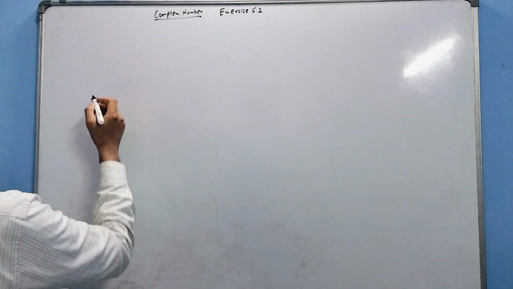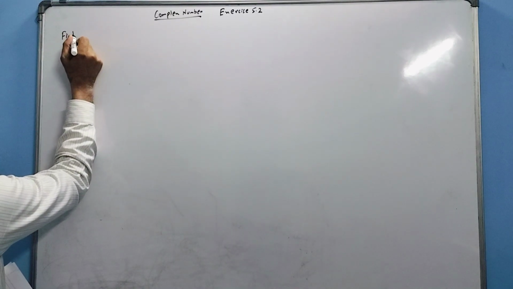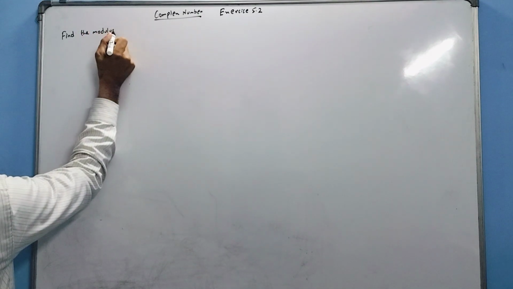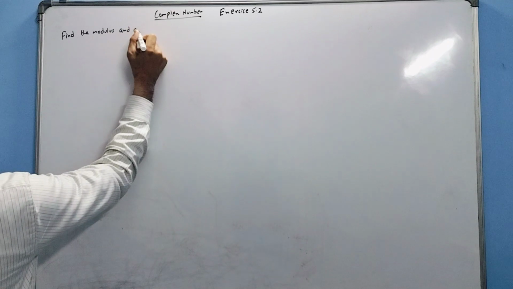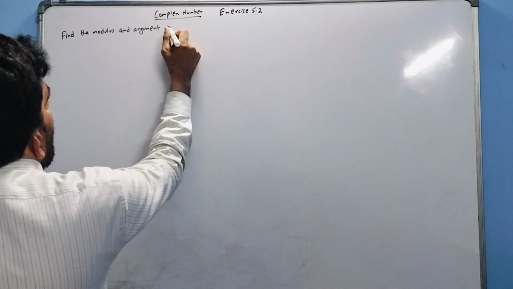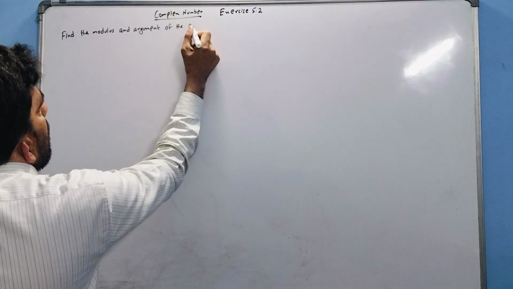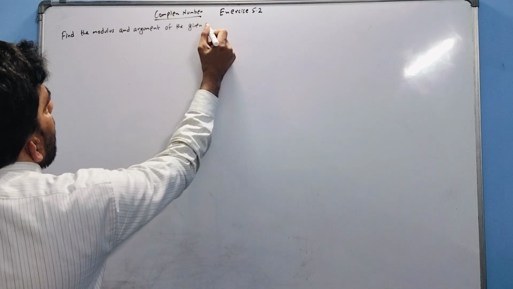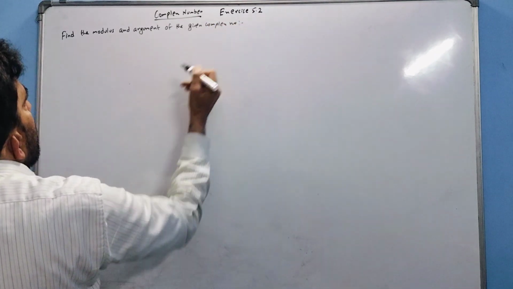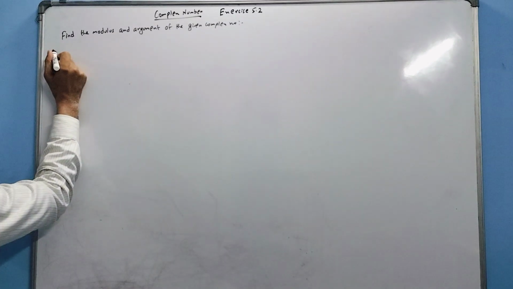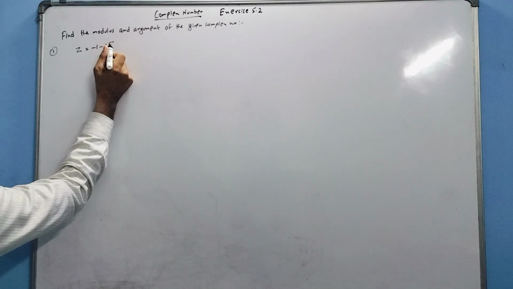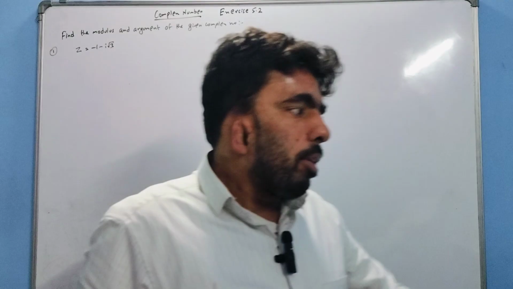What they have given is we need to find the modulus and argument of the given complex number. The first question they have given is z is equal to -1 minus i root 3.